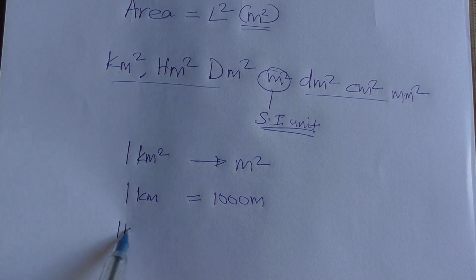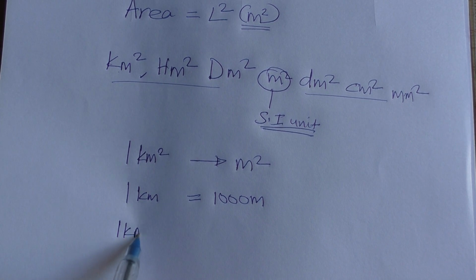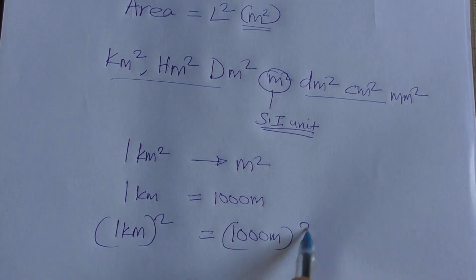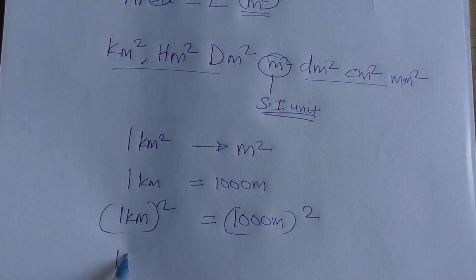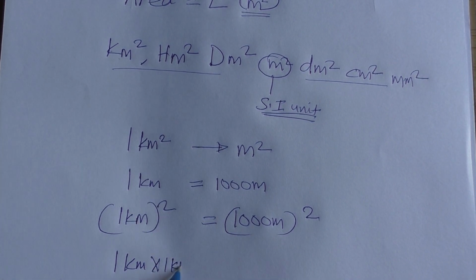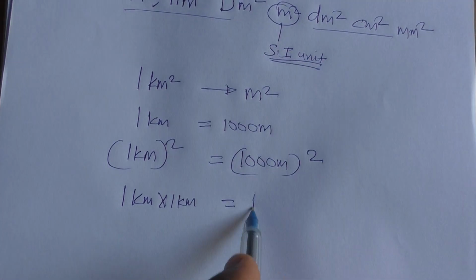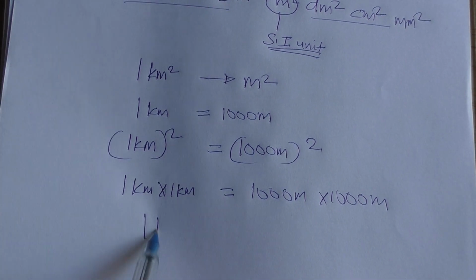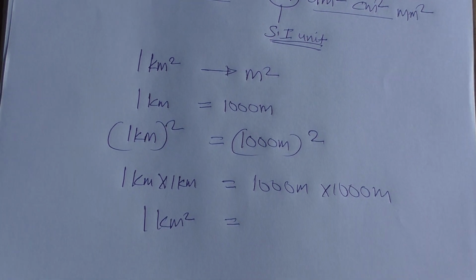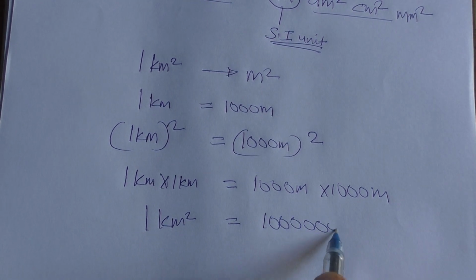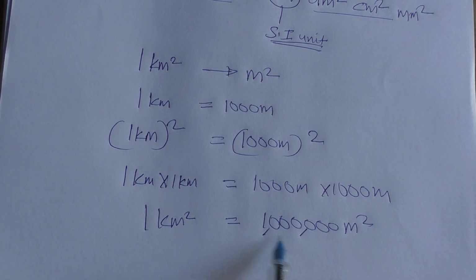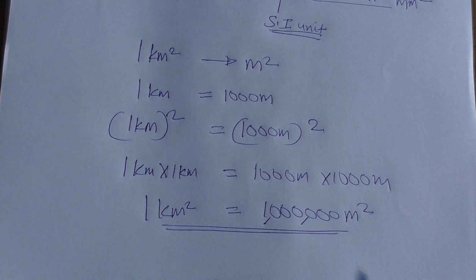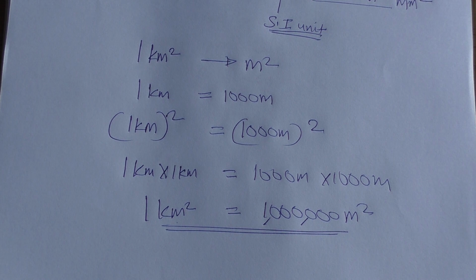Then 1 kilometer squared is the same as 1,000 meters squared, which gives us 1 kilometer times 1 kilometer equaling 1,000 meters times 1,000 meters, giving us 1 kilometer squared equaling 1 million meters squared. So meaning that 1 kilometer squared is equivalent to 1 million meter squared, and so on.